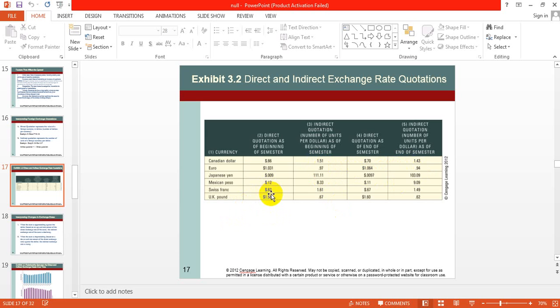Look at this Swiss franc: 1 Swiss franc is equal to $0.62 and indirect quotation is 1.61. After 6 months, from 0.62 it goes up to 0.67. Similarly, indirect quotation comes down from 1.61 to 1.49.